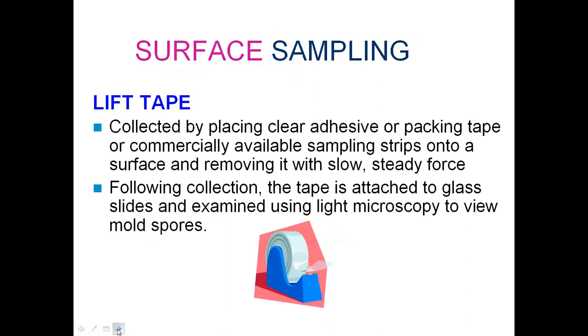Now, it may seem very low tech, but lift tape is a common method for surface sampling. What we're talking about here is samples are collected by placing clear adhesive or regular old packing tape onto a surface and removing it with slow, steady force. Then you put the piece of tape onto a glass slide and it is examined microscopically.